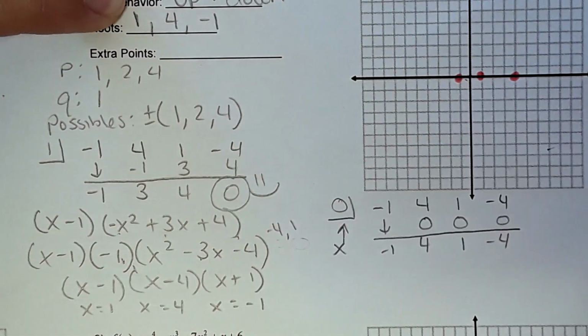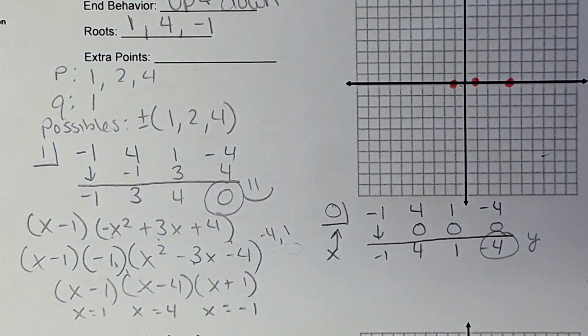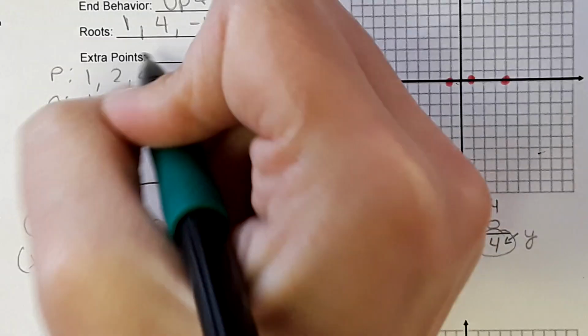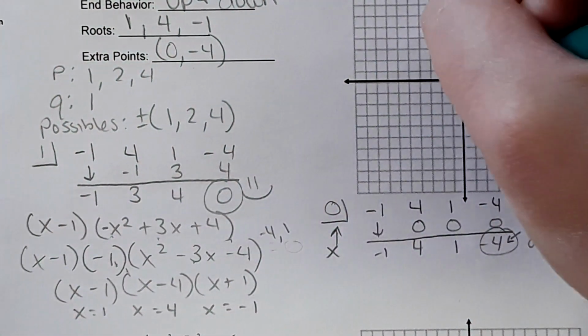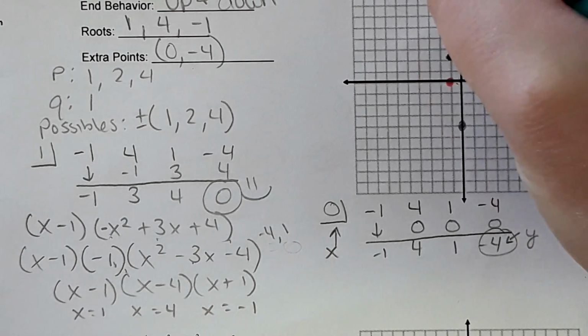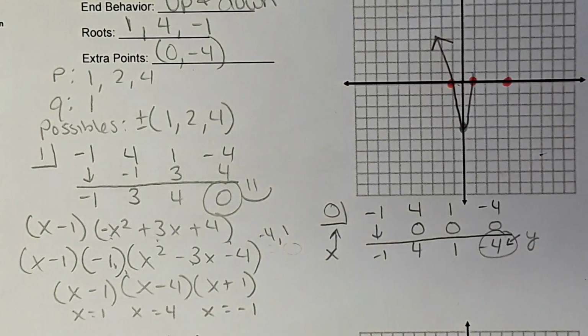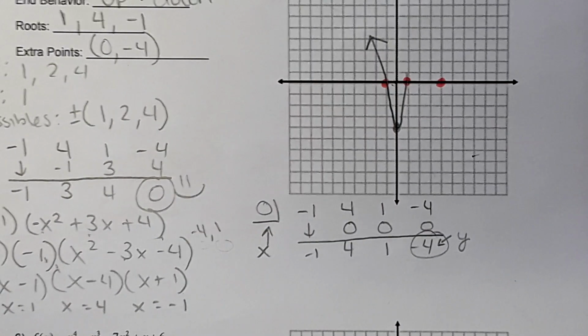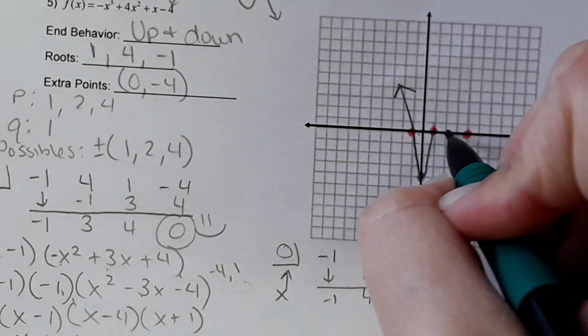So this is our x and our y. 0, negative 4. And then, let's see, I'll choose maybe just 2.